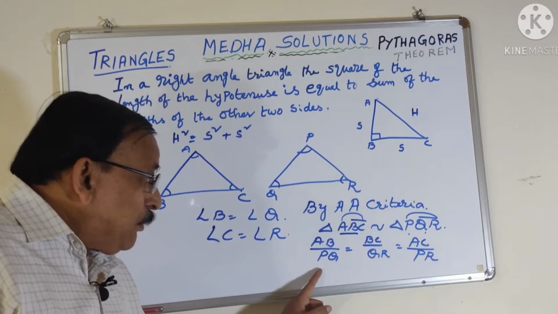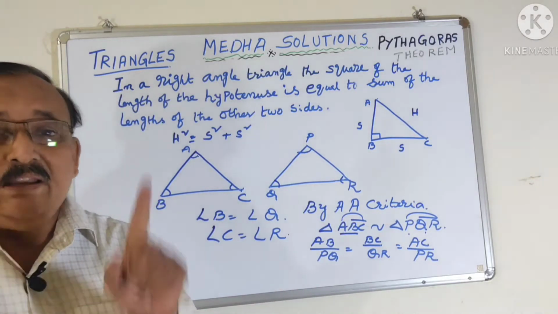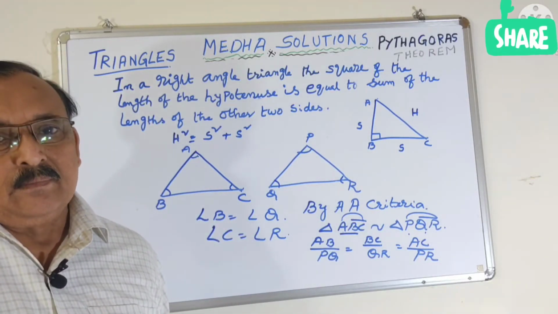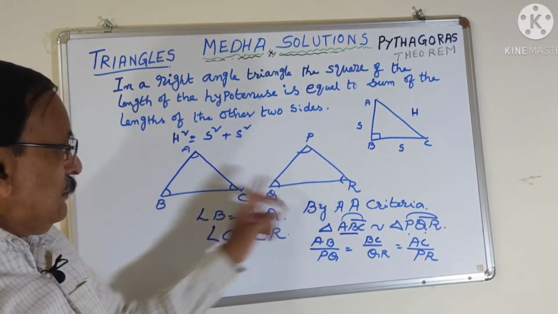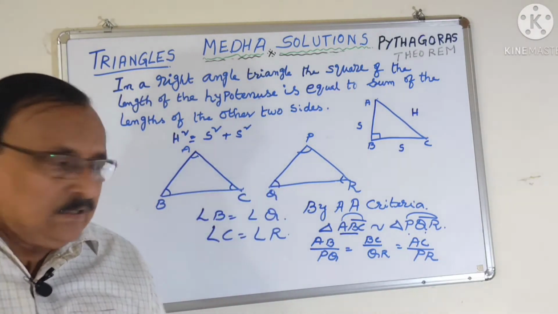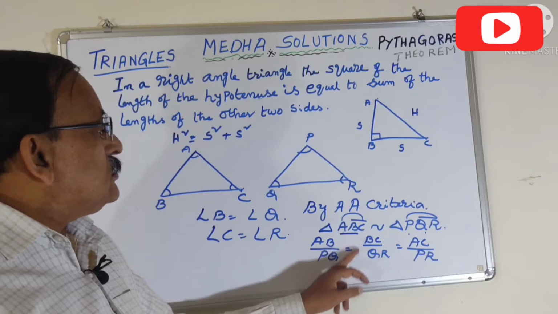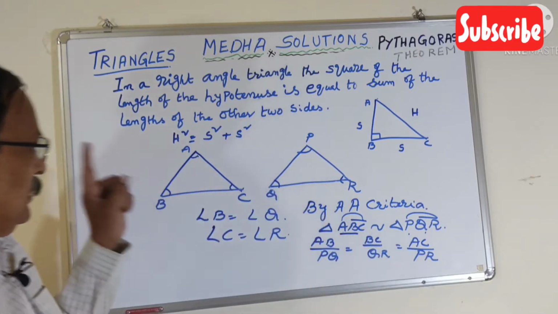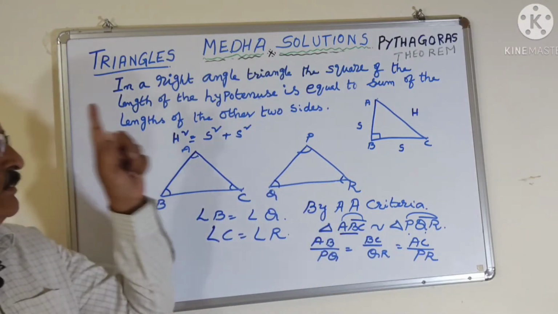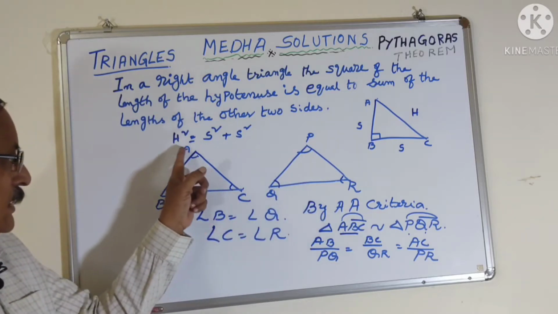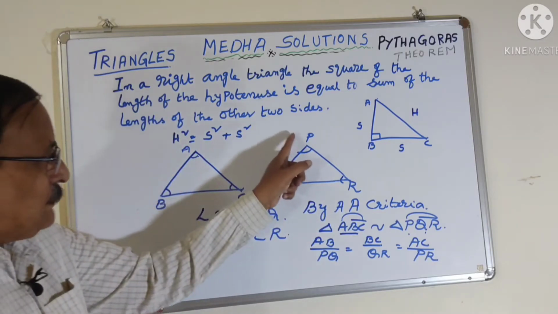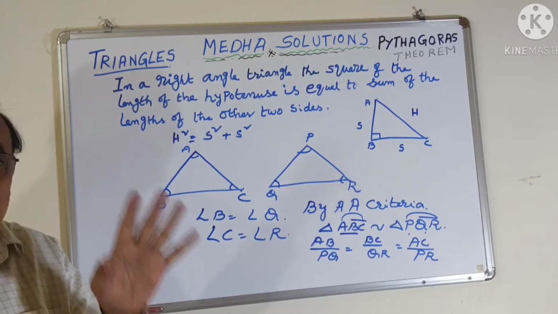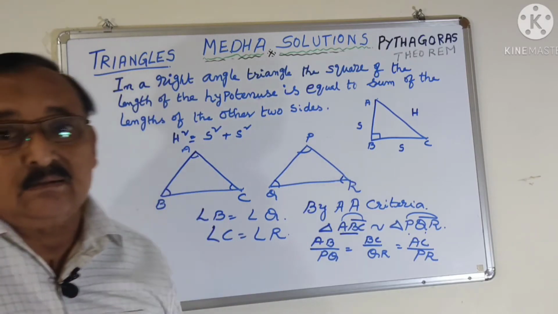Students, this point is very much important in proving the Pythagoras theorem: the similarities, the angle criteria, and then the ratios also in a proper order. If you take angle ABC, here you have taken angle PQR. If it is angle ACB, you have taken PRQ. The order is very much important when taking the triangles.